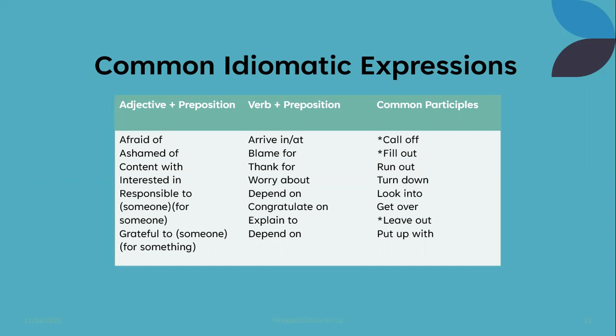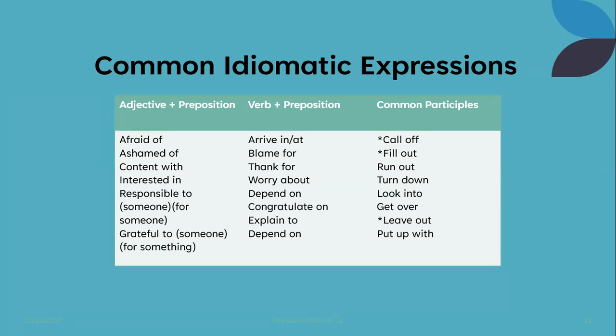So these would be examples of the separable participles. And just as in the example with fill out, I filled the form out, I filled out the form, I filled it out. That is how you use separable participles.